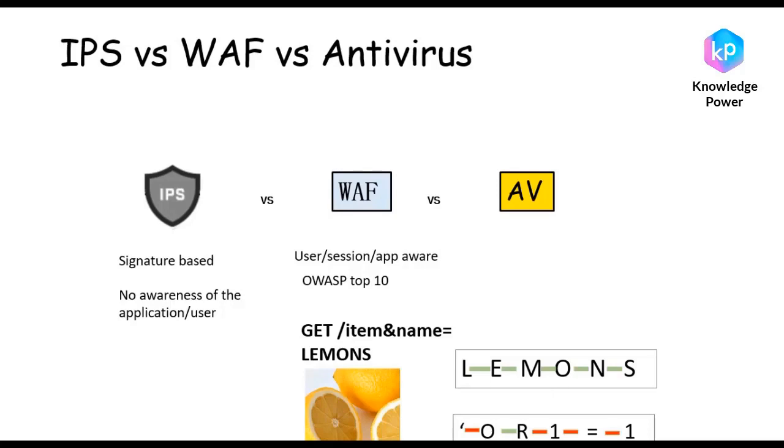And really briefly about antivirus. Antivirus is also signature based like IPS, but the difference is it uses absolutely different signatures than IPS, and it checks the files that are inside the session, inside our packet, whereas IPS is checking the vulnerabilities inside the applications. So that is a big difference.